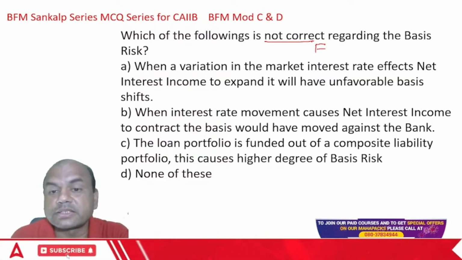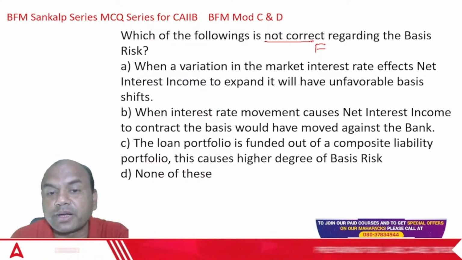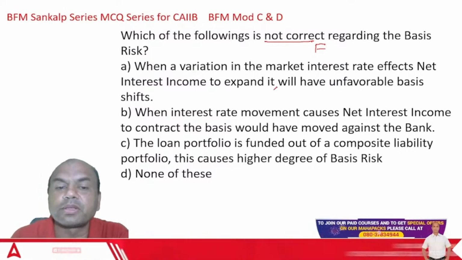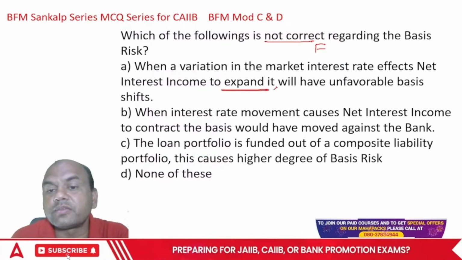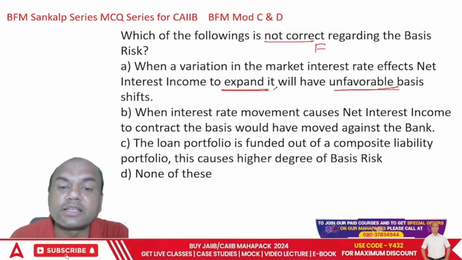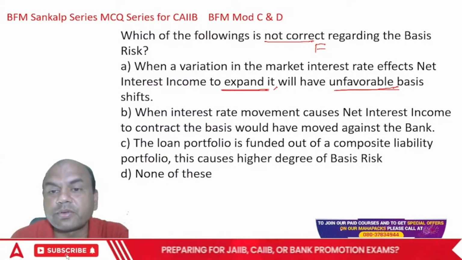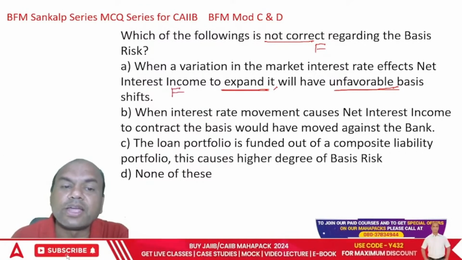So net interest income is expanded. Expanded means what? My net interest income is increased. So if it is increased, then is it unfavorable for me? So that is false, obviously, isn't it? So this is gone. So A is the only answer.